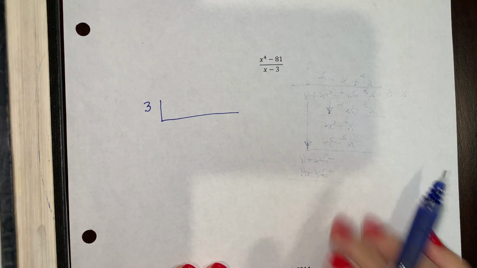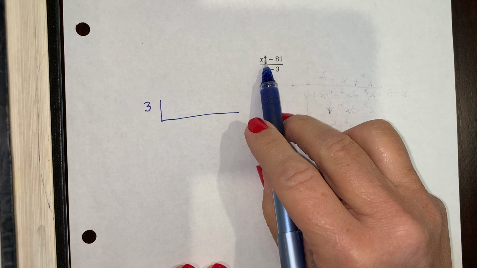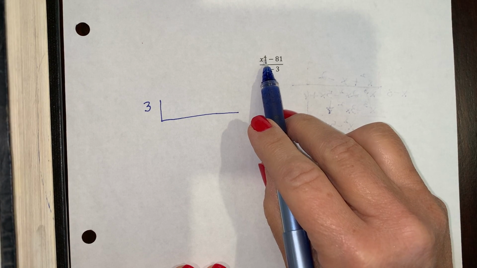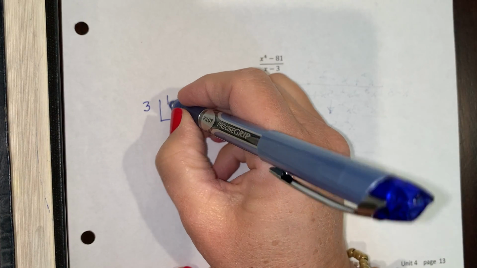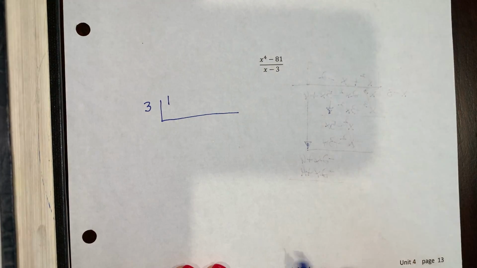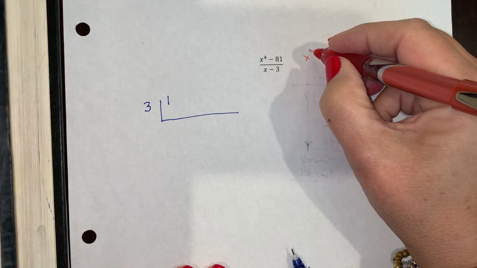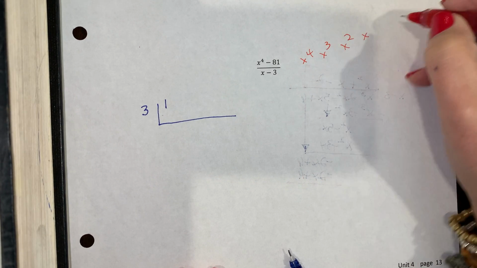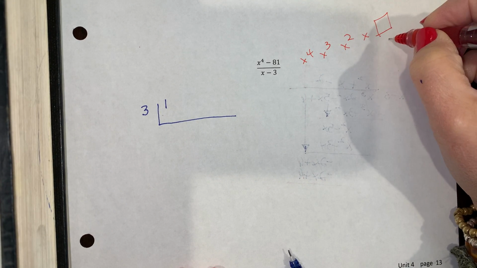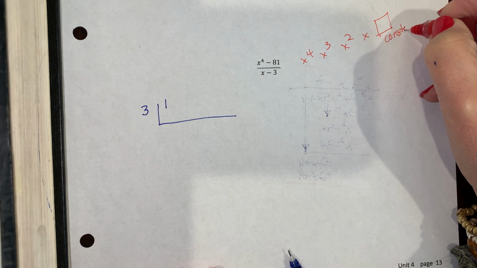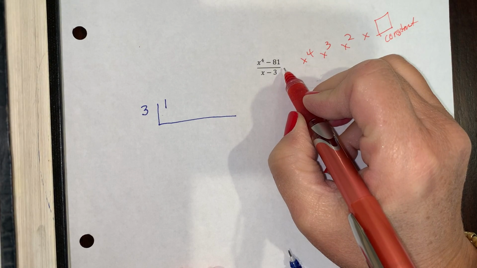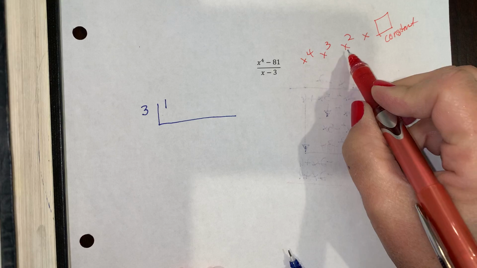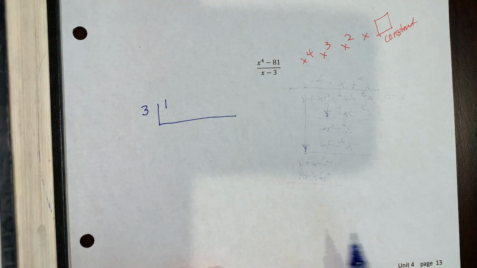But this one is really trying to trick us. In front of x to the fourth is an understood 1. But then I need an x to the fourth term, an x to the third term, an x squared term, an x term, and then a constant. So even though there isn't one showing, I'm going to have to put in a 0 placeholder.